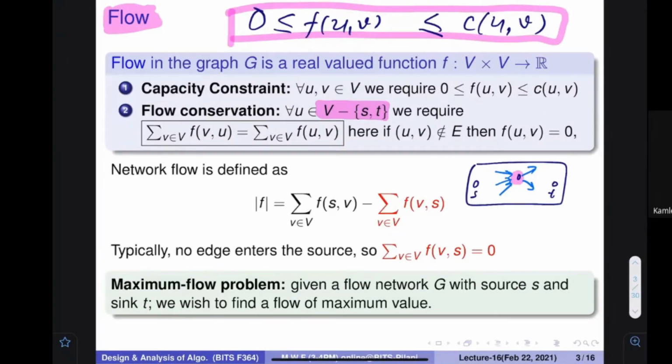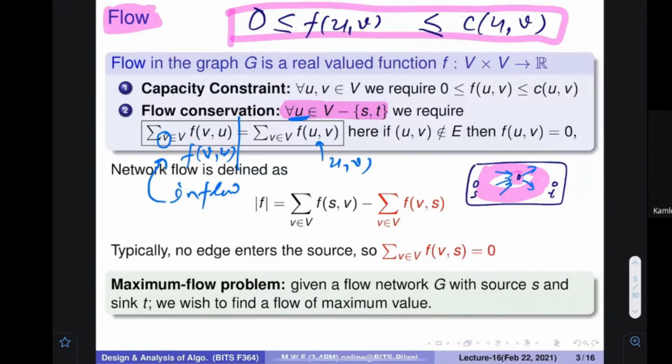How can I write this? For all U inside V minus {S, T}, the set of all nodes excluding S and T, if I find any other vertex V and look at f(V,U), that means what is coming into U, the inflow. It is equal to f(U,V), how much flow is going out.